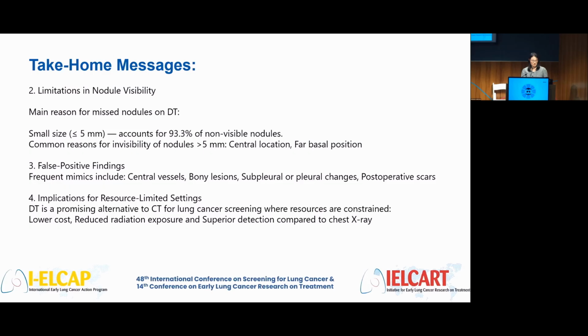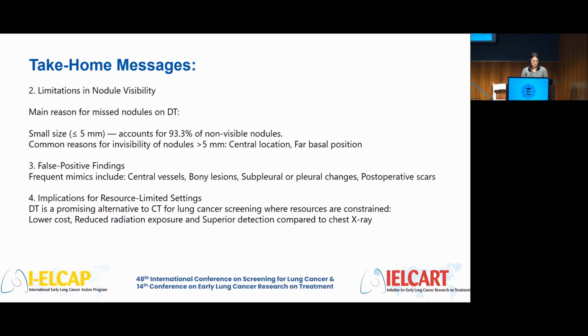The main limitation is missed nodules on DT that are small, 5 millimeter or lower, and nodules larger than 5 millimeter that are invisible because of central location and far basal position. For frequent mimics, false positive findings include central vessels, bone lesions, subpleural or pleural change, and post-operative scar.